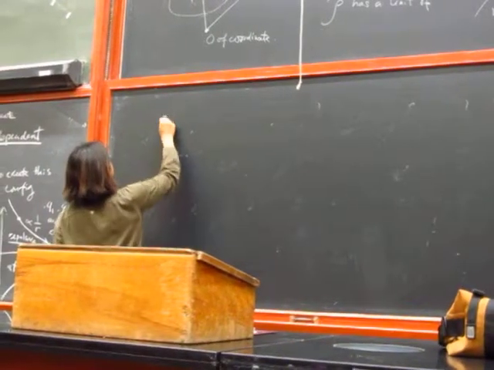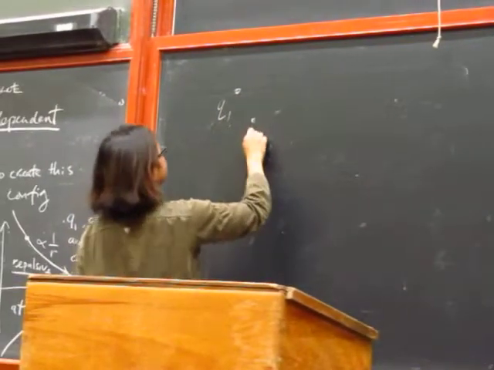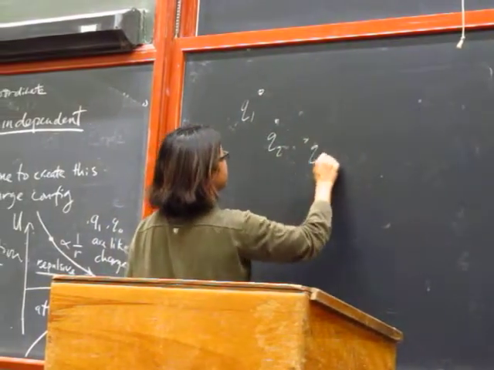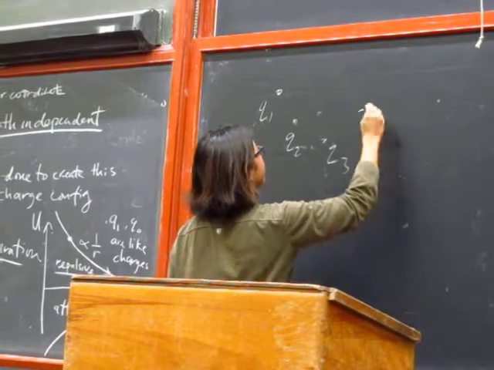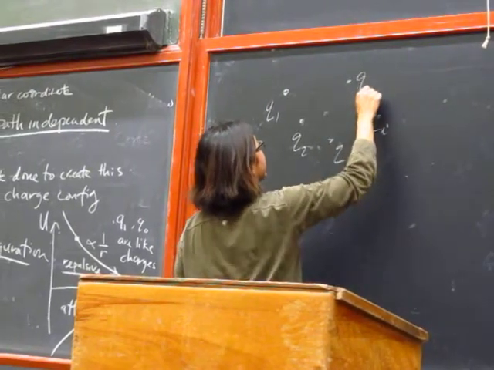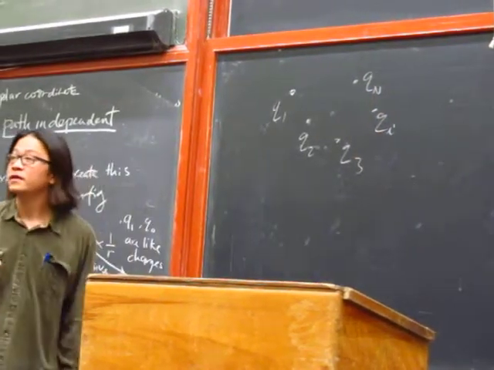System of charges, say, 1, 2, 3, qi, n, right? Okay.